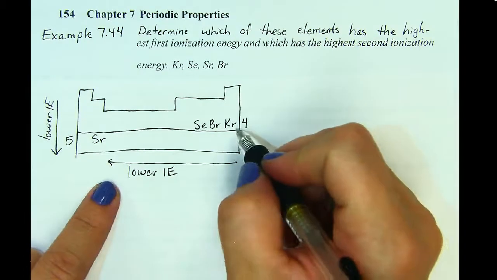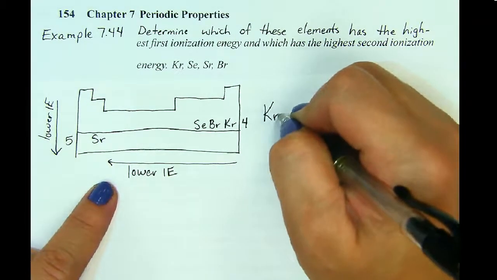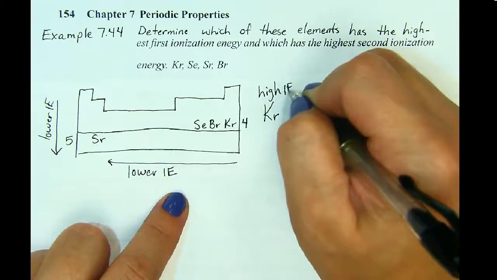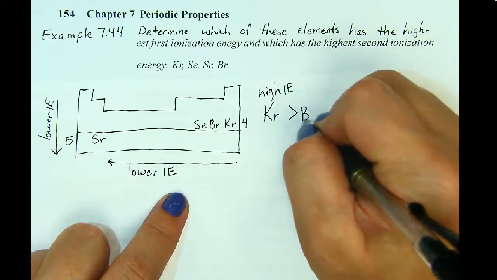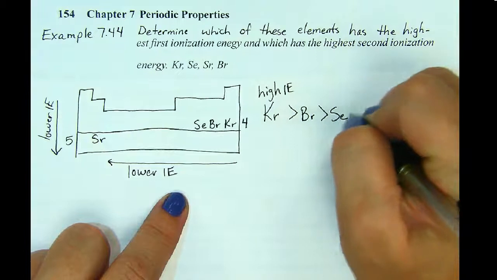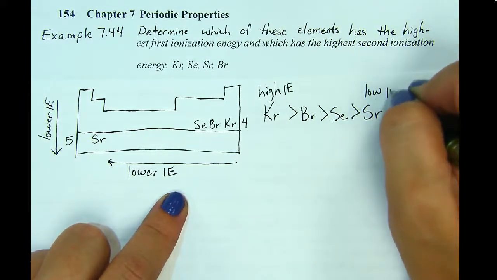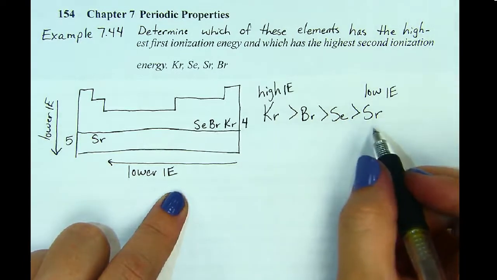So it's going to go in the order of krypton has the highest, then it's greater than bromine, which is greater than selenium, which is greater than strontium. Strontium would have the lowest ionization energy of these four.